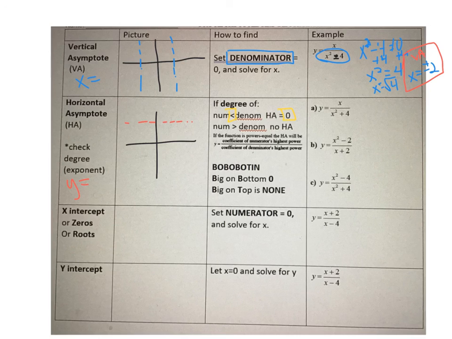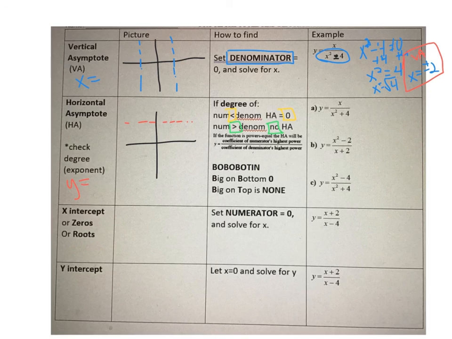If your numerator degree is greater than your denominator, there will be no horizontal asymptote. And if the powers are equal, then you take the coefficient of the numerator's highest power divided by the coefficient of the denominator's highest power.